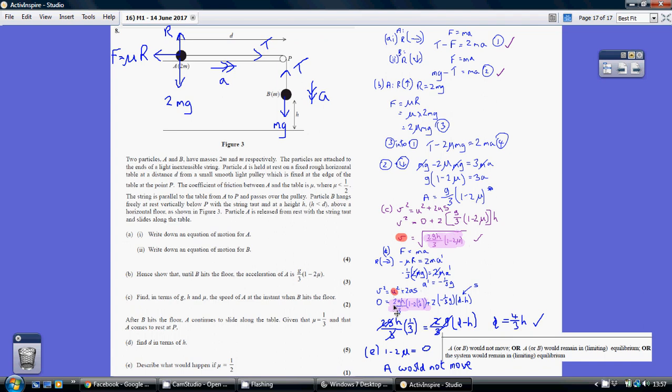So that's my u squared there, plus 2 times my revised acceleration of minus a third g, times the distance I'm travelling. Now the distance I'm going to be travelling up here is going to be the difference between d and h. So it's going to be d take away h. That's my distance travelled. So that is that equation there.